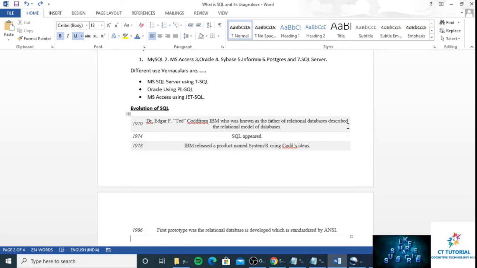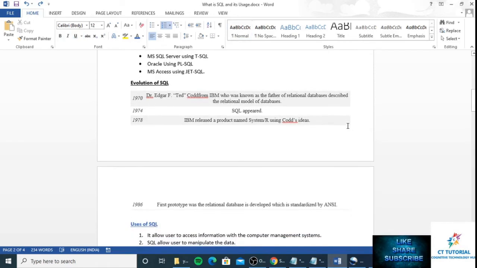In 1978, IBM released a product named System/R using Codd's ideas. In the year 1986, the first prototype of the relational database was developed and standardized by ANSI, meaning American National Standards Institute.